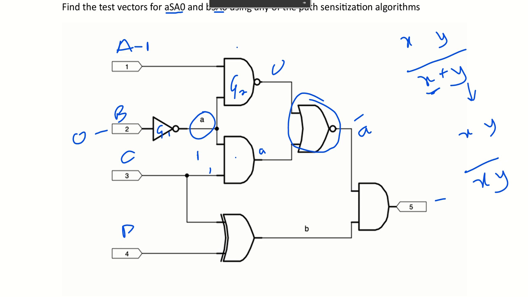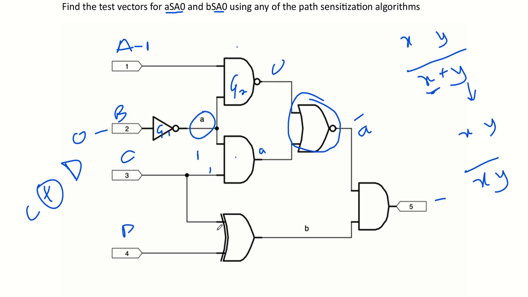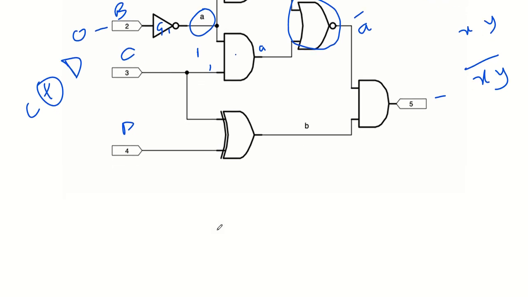Then here you have C being fed into an XOR gate with D. The function becomes C XOR D, and when you make C a constant 1, because of our assumptions, the function is generally this way for an XOR.